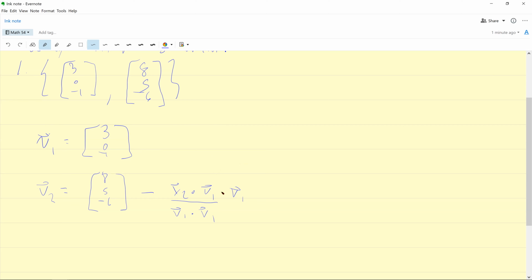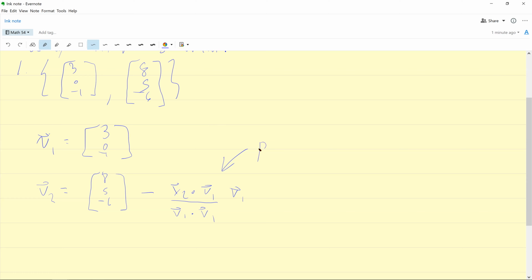So what's this v2 representing? I guess first, what's the second term representing here? It's the part of x2 that's in the span of v1.